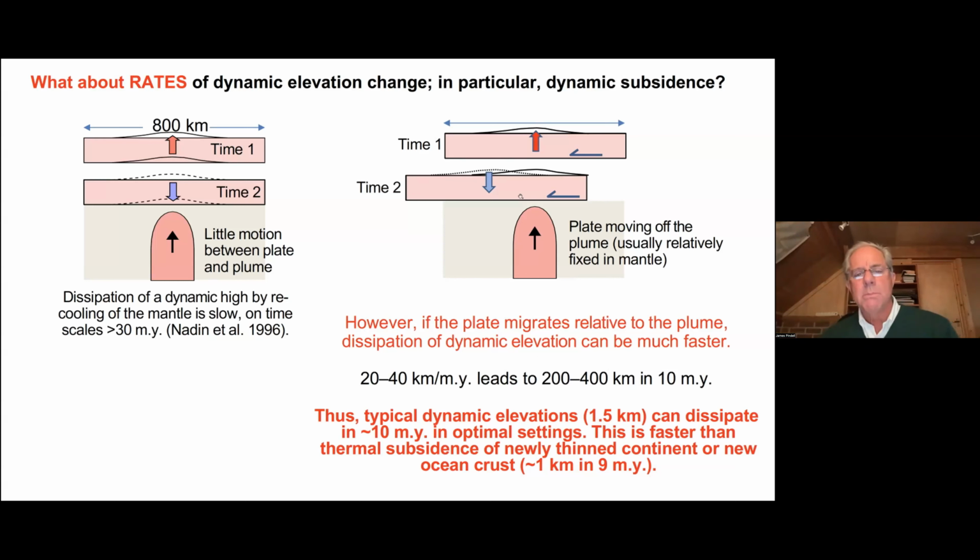Now, if we can kill 1.5 kilometers of dynamic uplift in maybe 10 or 15 million years, that would lead to a dynamic subsidence which is faster than thermal subsidence of newly thinned continent or new oceanic crust. In other words, this type of dynamic subsidence can outpace thermal subsidence of post-tectonic settings.